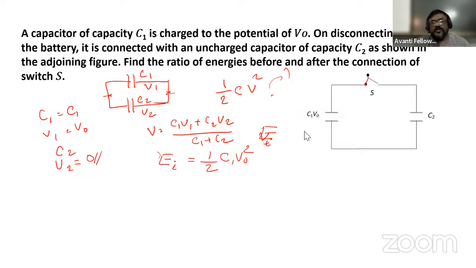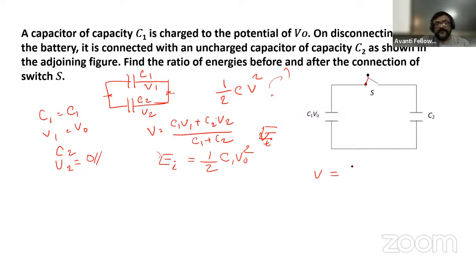Now, when we close this switch, what happens? Now the circuit is closed, charges can be shared between the two capacitors. Two capacitors are connected together. So we know the expression for the common potential. The charges will be moving from the first capacitor to the second capacitor, and a common potential is created there, and charges are shared between the two. So this one also will be charged. Now we can find the common potential of this combination.